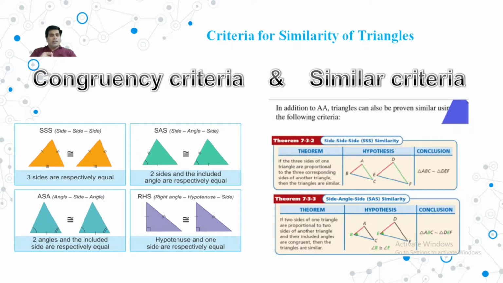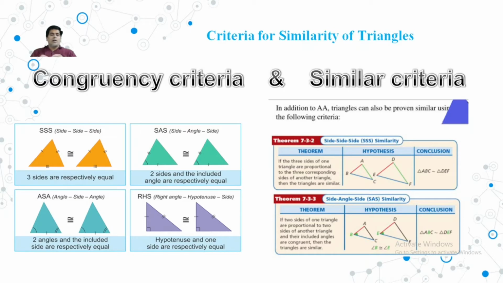SAS criteria: 2 sides and the included angle respectively equal in both triangles, then the two triangles are congruent. ASA criteria: 2 angles and the included side respectively equal in both triangles, then the two triangles are congruent.